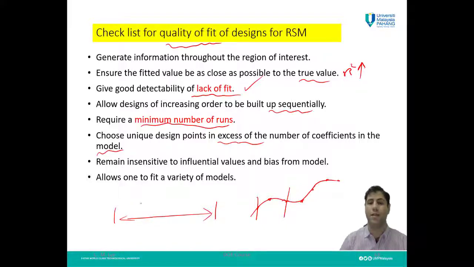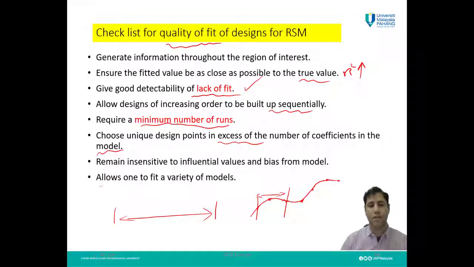However, maybe your model has a higher R square, which means it can predict the response with high accuracy, but it may be only for a small part, a small range of the factor. So you need to check that as well, that your model has good generality and it covers the range in which you may find the optimum point for that real process actually.